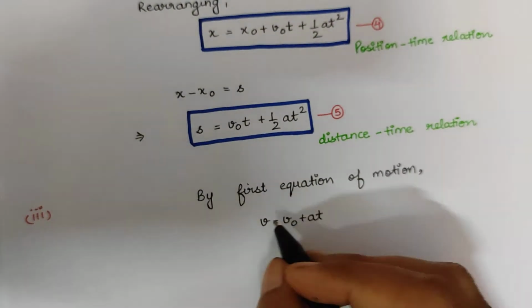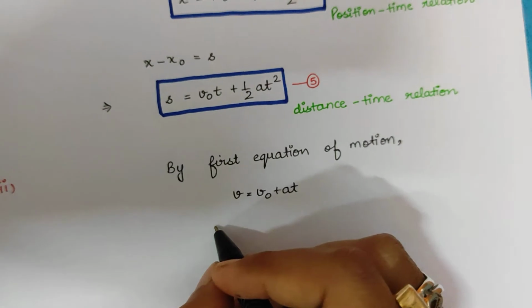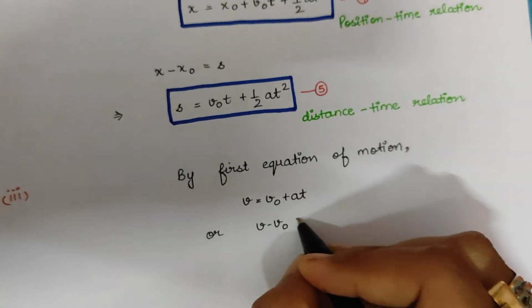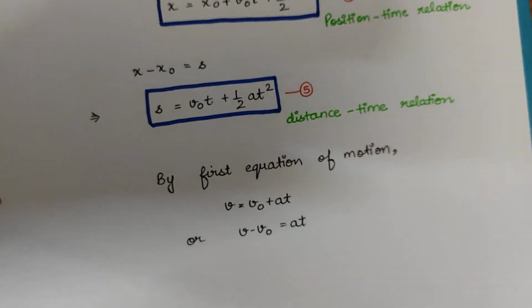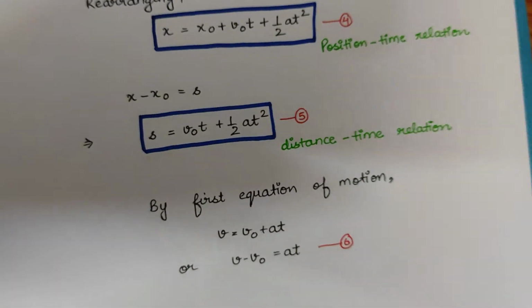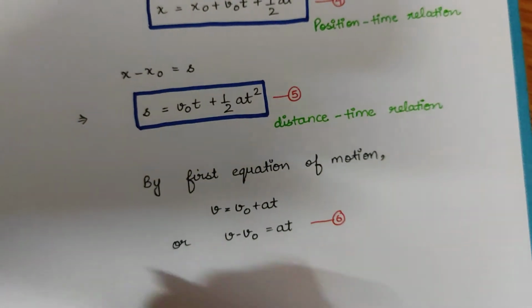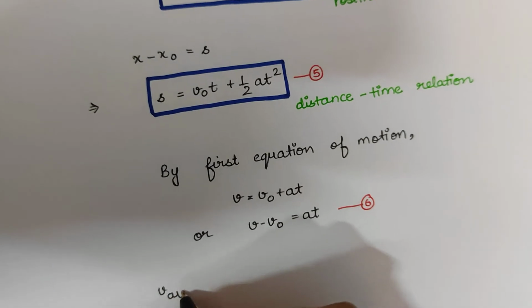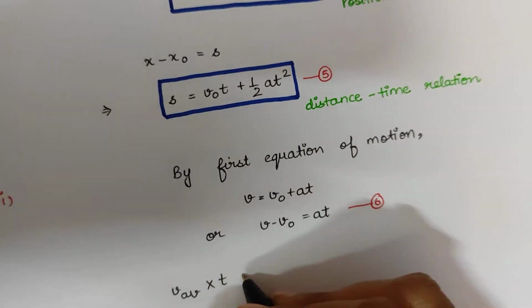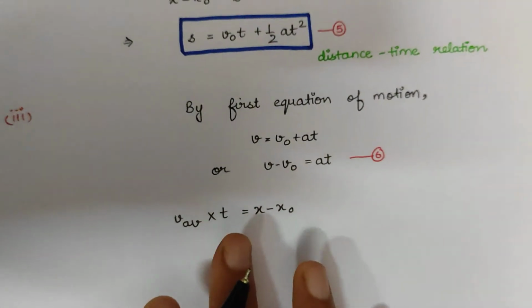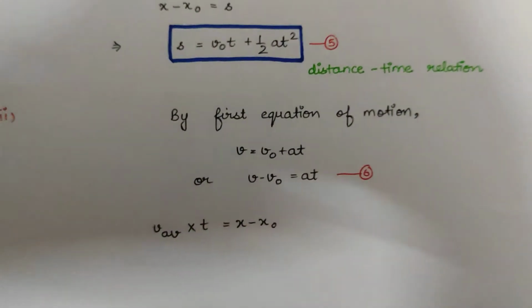If we rearrange this expression, we get v minus v naught is equal to at. Let us mark this as equation 6. And we know that v average into t is equal to x minus x naught. We found this in the derivation of the second equation of motion.